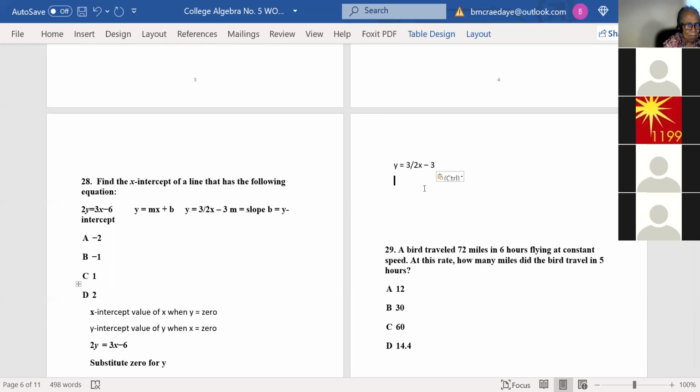So you will have 0 plus 3 equals 3 over 2x. So x, you said, was equal to what? I'm writing what you just said. X equal what? I put x equal to 0, which is equal to 3 over 2 minus 3.